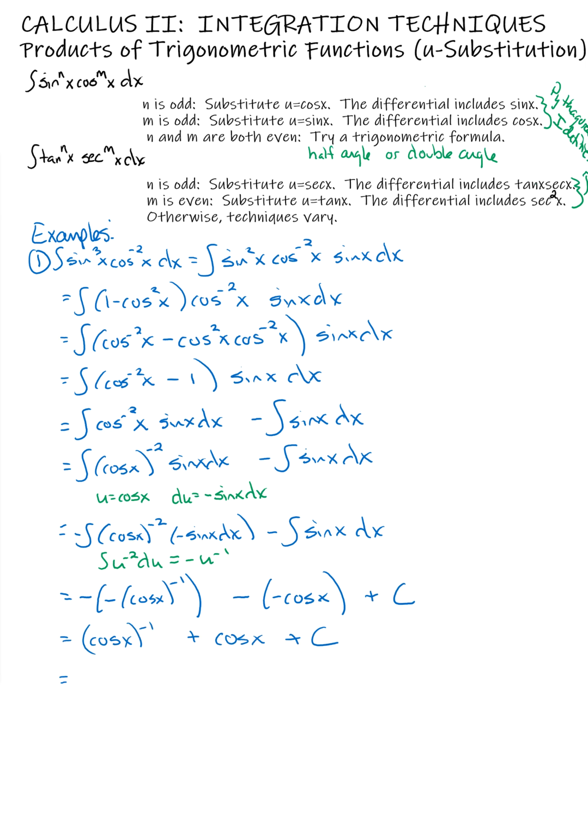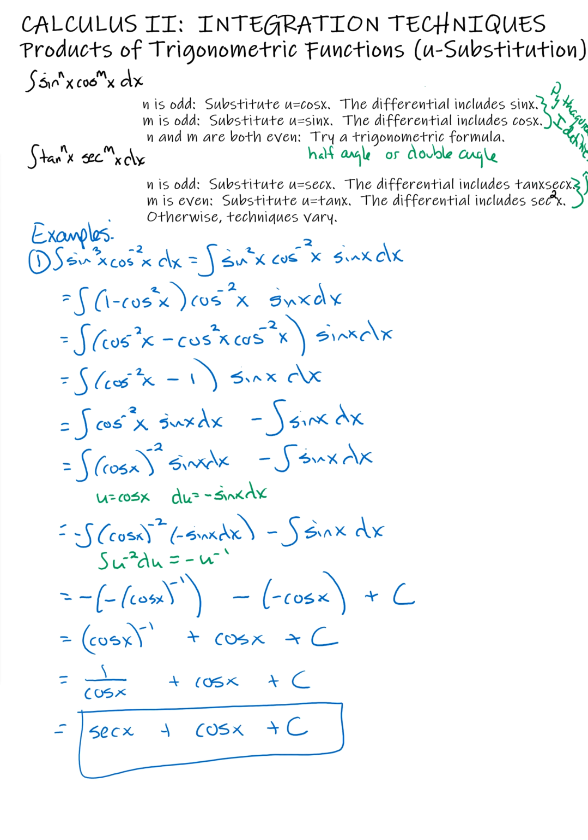This first term, cosine of x raised to the negative 1, that's really 1 over cosine x. And so that means we end up with secant of x plus cosine of x plus c. Ta-da! There you go. Not so bad, I hope. Enjoy.